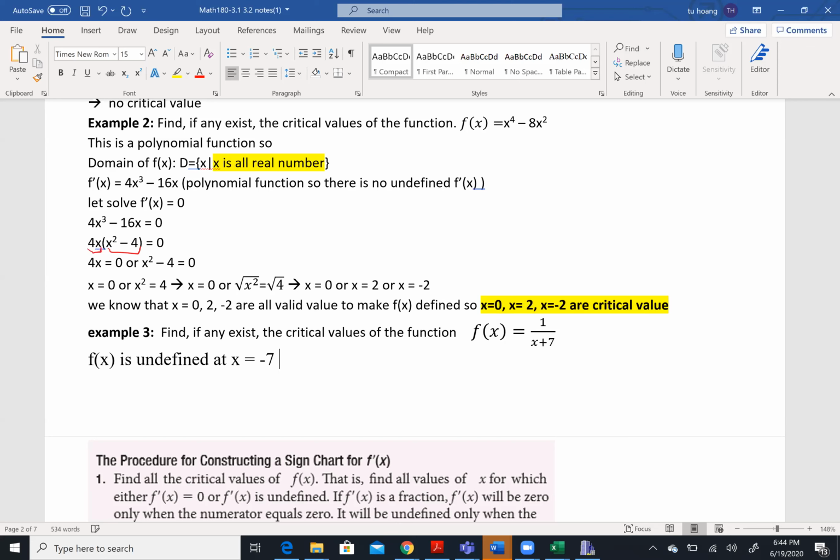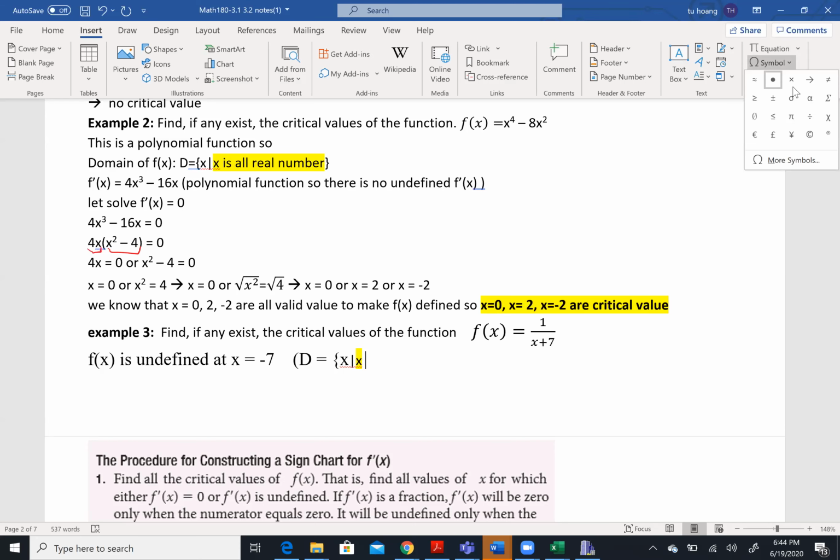So the domain is x such that x is not equal to -7. x can be anything else, so x is all real numbers except -7.